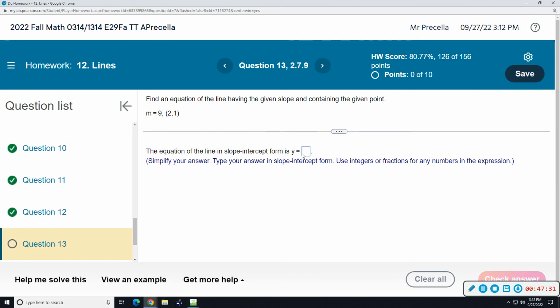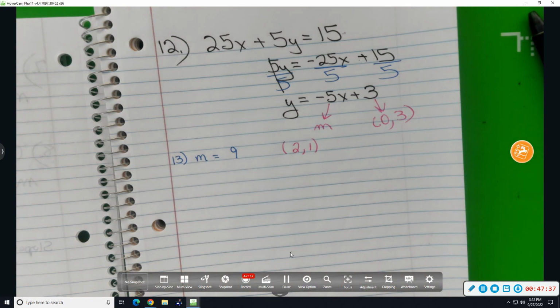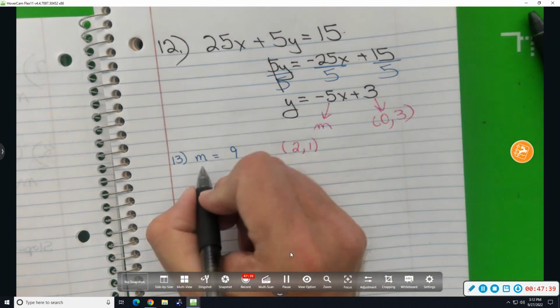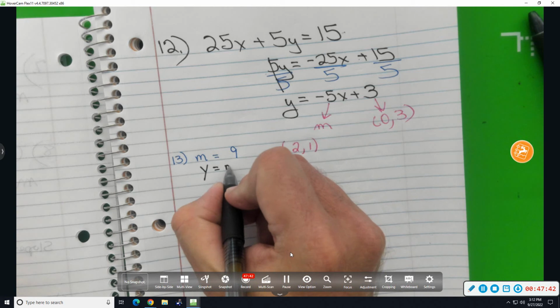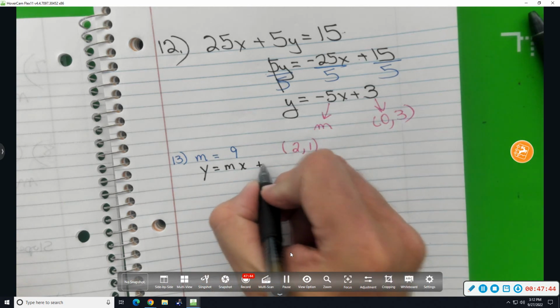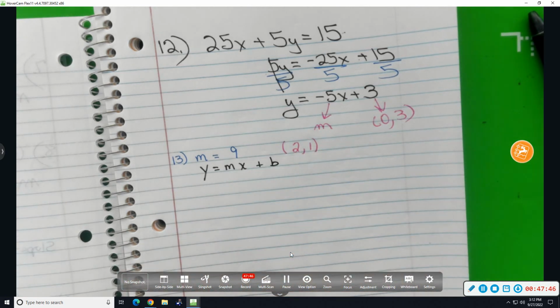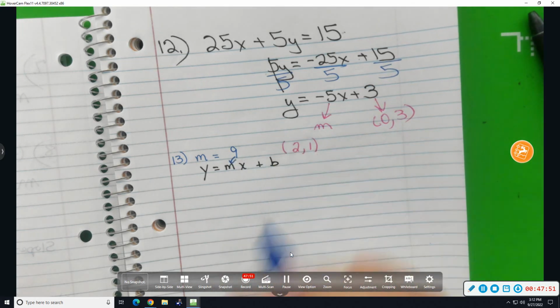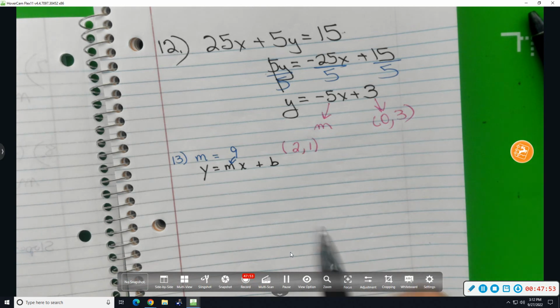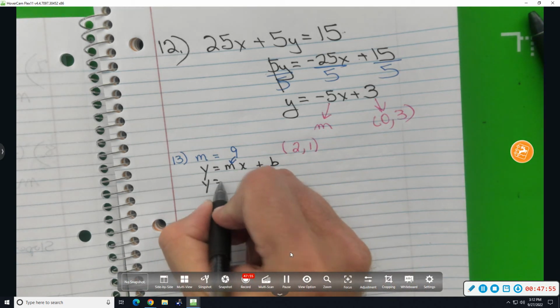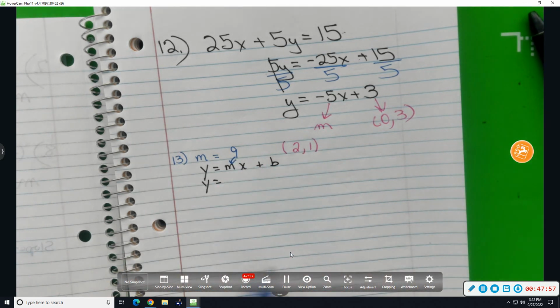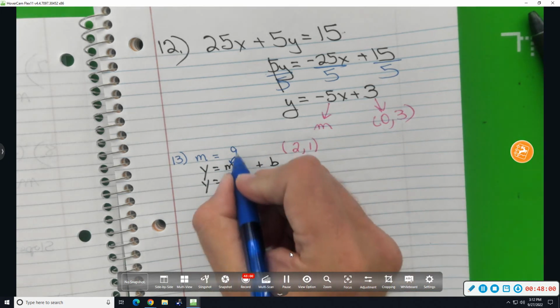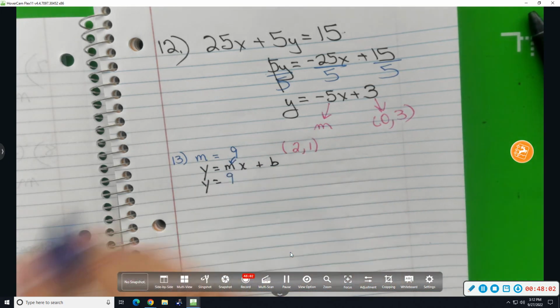So our final answer is going to be y equals that equation. Slope-intercept form is y equals mx plus b. So it would be 9 times 2. You put a 9 in place of the m, because we're told that slope is 9.